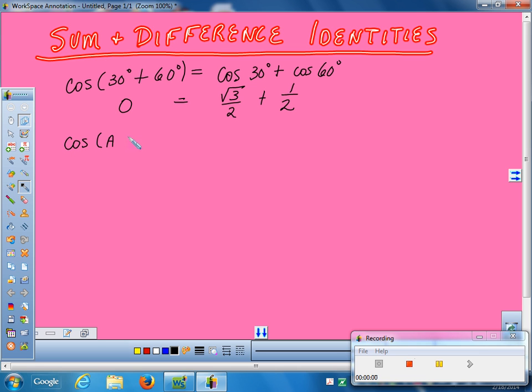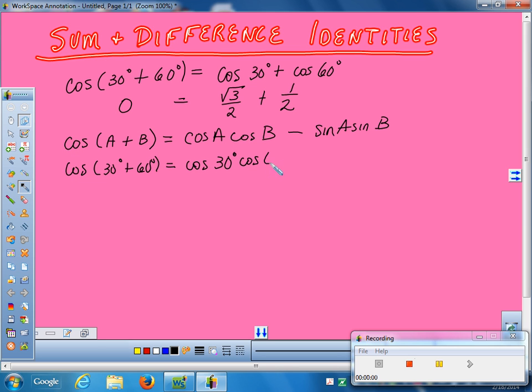What the identity says is, if you have the cosine of A plus B, the yellow sheet says to do the cosine of A and cosine of B, taking the cosine of each angle, minus the sine of A and sine of B. So for our 30 plus 60, I should be doing the cosine of 30 degrees times the cosine of 60, minus the sine of 30 degrees times the sine of 60.